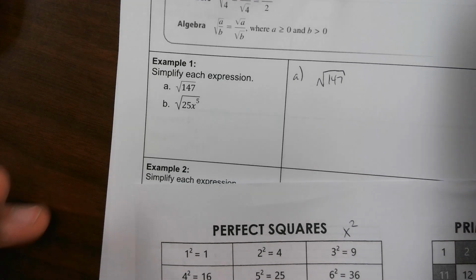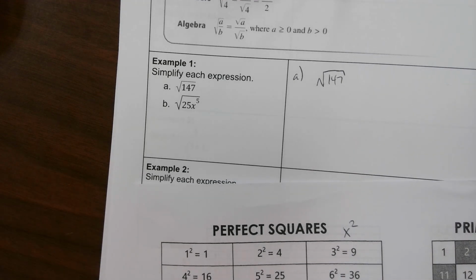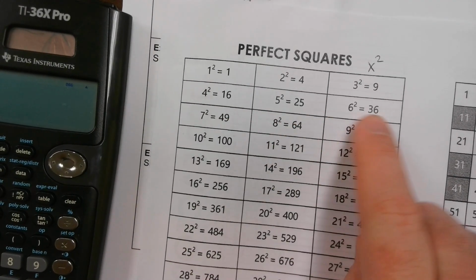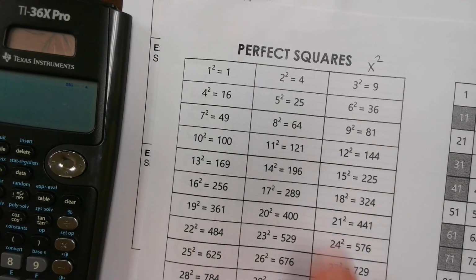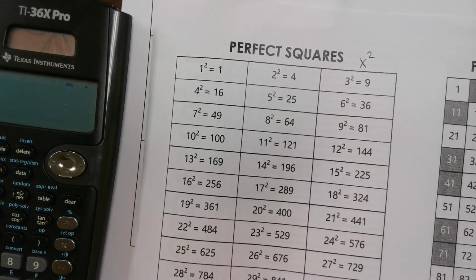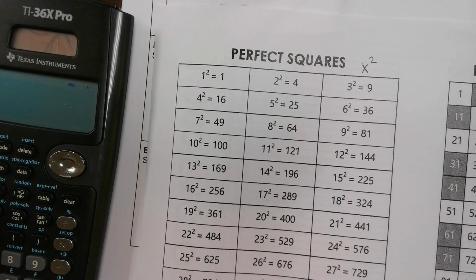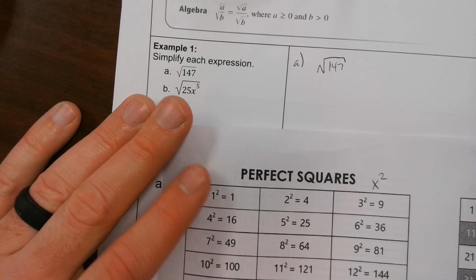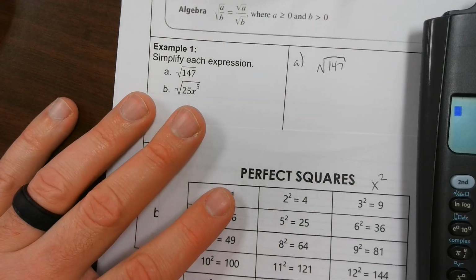So if I can take 147 and divide by any of those numbers, 81 or 64 or 49 or 36 or 25 or 16 or 9 or 4, and not get a decimal, then it's not already simplified and we have to simplify it. Based upon that they're telling us to simplify it, then we're probably going to be able to.